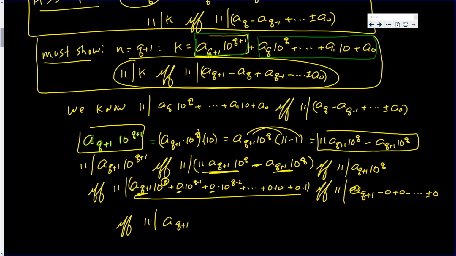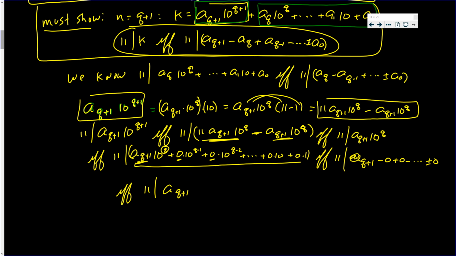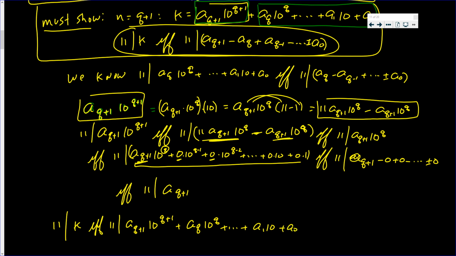So, what do we have here? We have that 11 divides k if and only if 11 divides a(q plus 1) 10 to the q plus 1, plus a sub q times 10 to the q all the way down to a1 times 10 plus a sub 0.